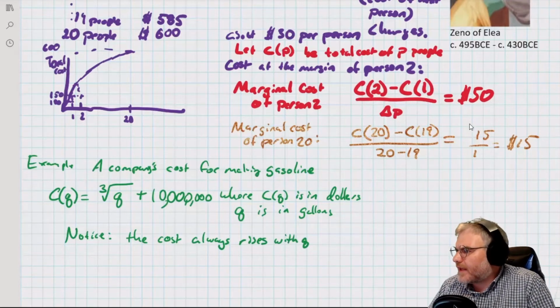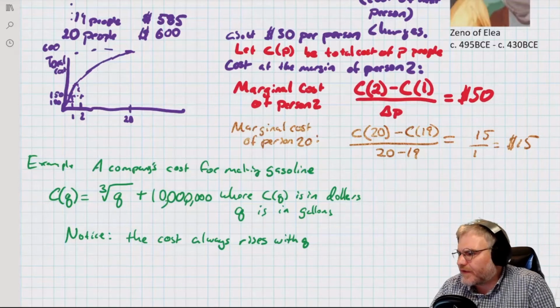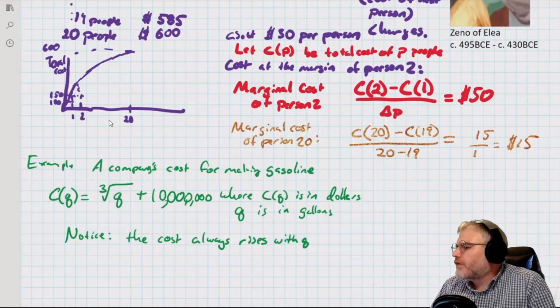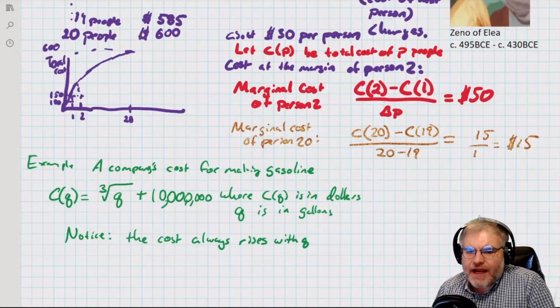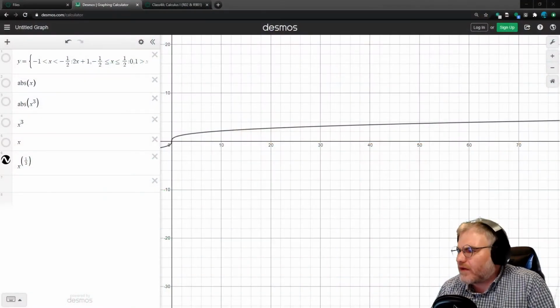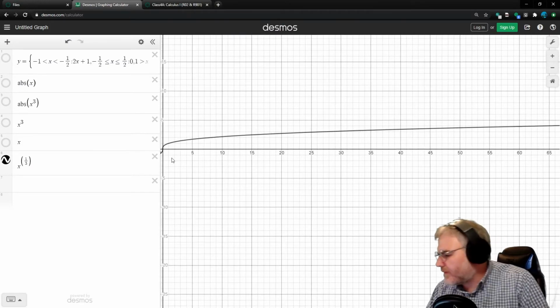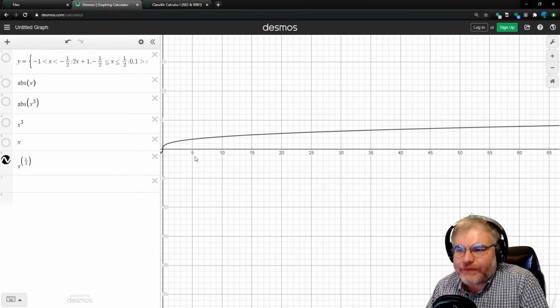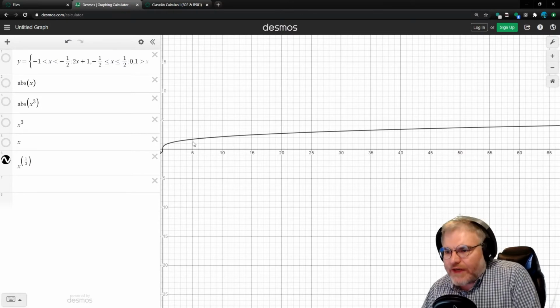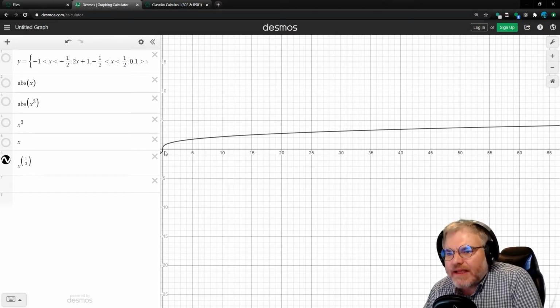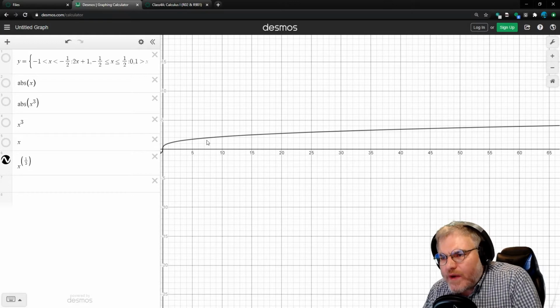So if I want to look at this, let's just say the $10 million is there without actually putting it there. So if I want to look at this as a graph, it's going to look something like this. Of course, there's an adjustment here, right? There's an extra $10 million tacked onto this, right? But let's forget about the fixed cost for a moment, right? So the cost always increases.